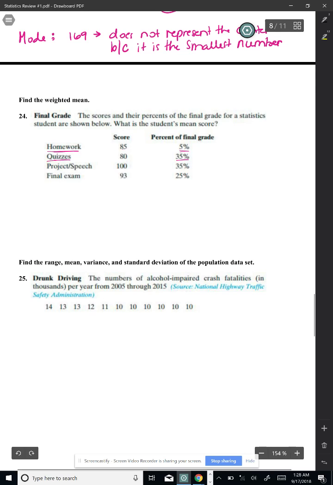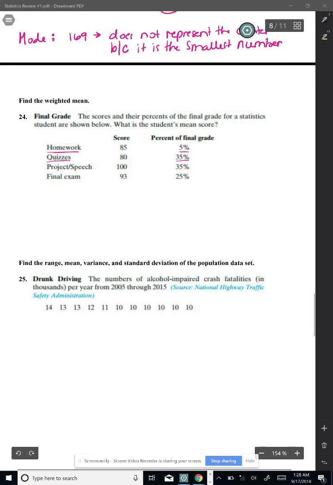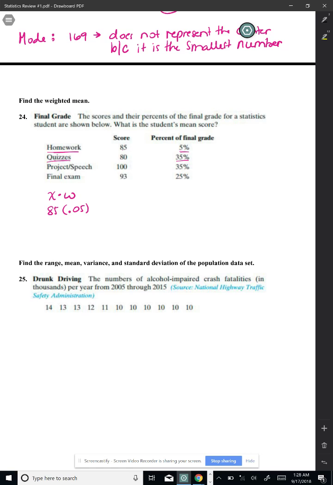So what you're going to do is multiply the X entries by their weights. So we would have 85 multiplied by 0.05. Remember, when you use a percentage, you move the decimal back twice. Change it into a decimal number before you do any operations. So that would come out to 4.25.